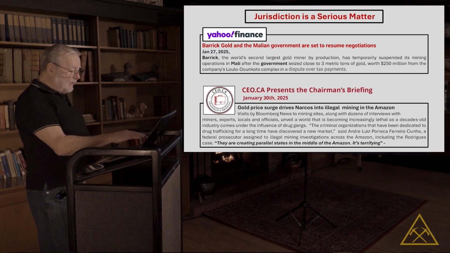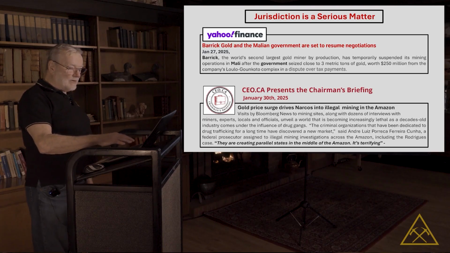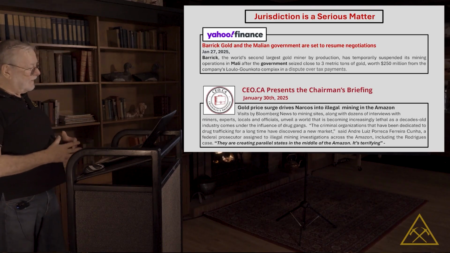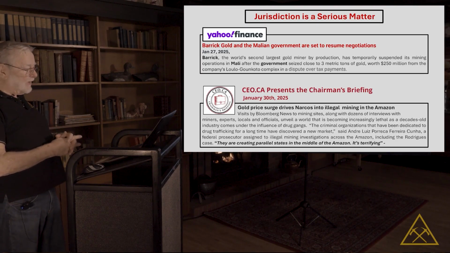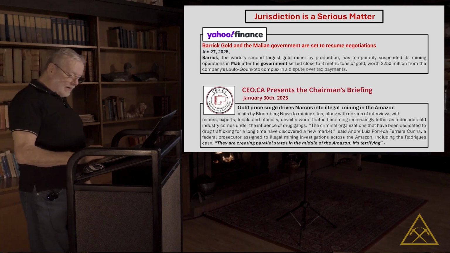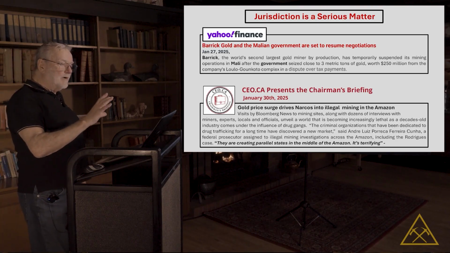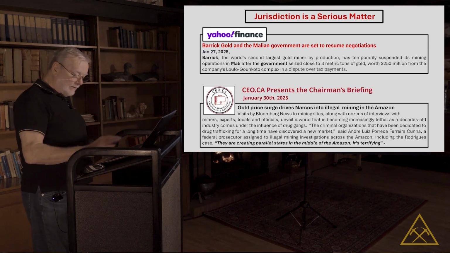So you can read through there, but they are creating a parallel state in the middle of the Amazon. And that definitely affects the opportunity for companies to develop gold operations or advance them without having them taken over, etc. So anyways, the point here is, jurisdiction is a serious matter.